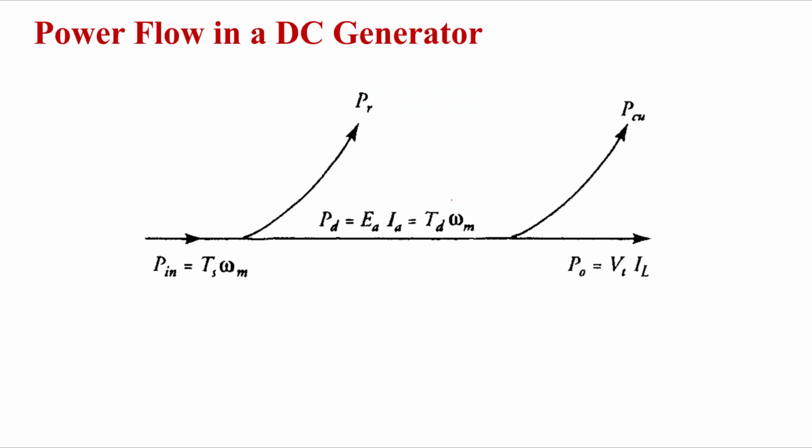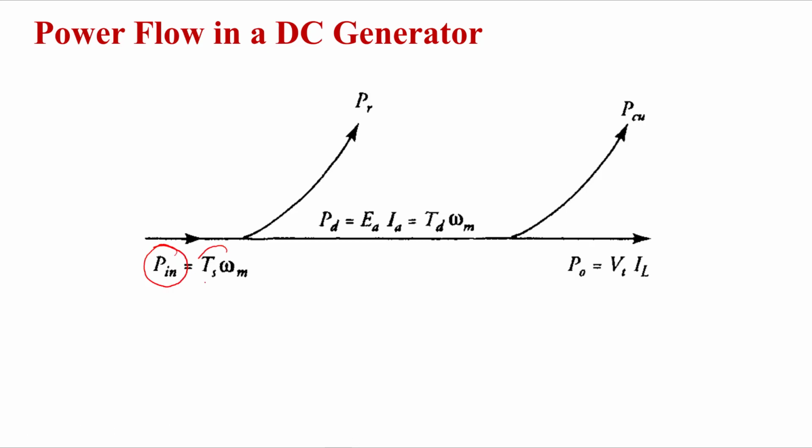Now next, moving to the power flow diagram, power flow in a DC generator specifically. So how does the power flow in a DC generator? The input power that we give to the DC generator is the mechanical power, this P input. How can we measure it?